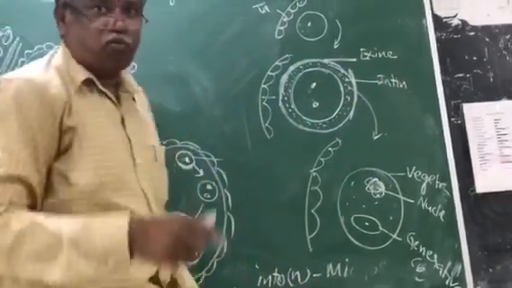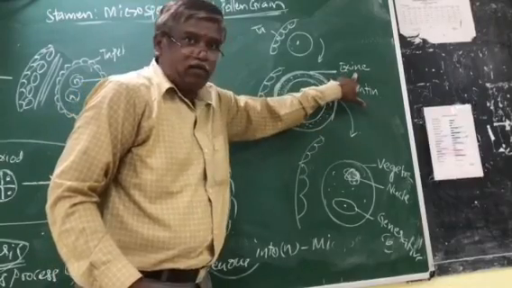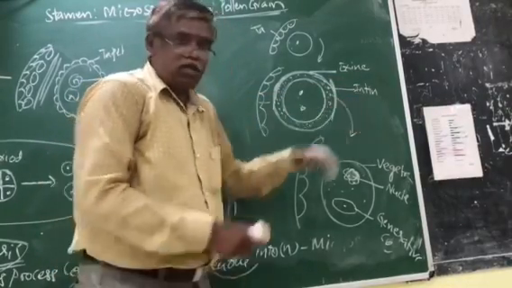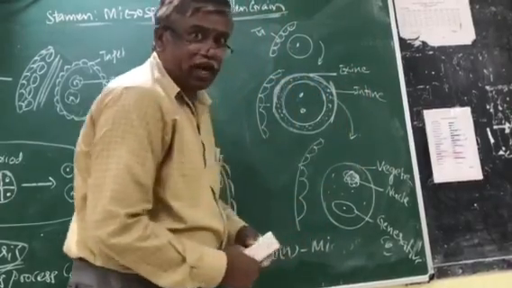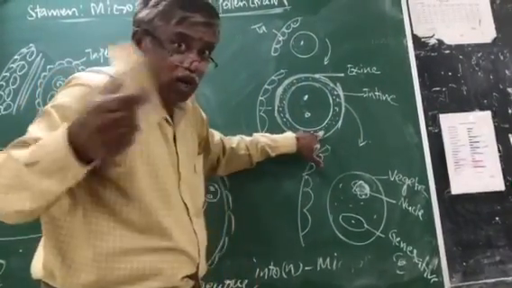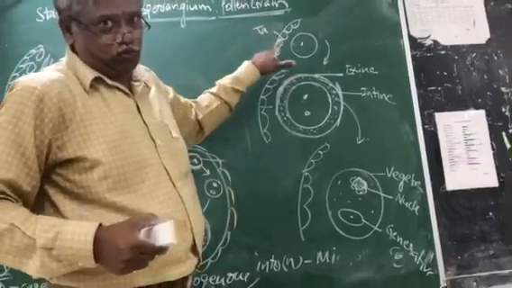Now catch the point. Intine, exine. These are the two coverings outside the microspore.